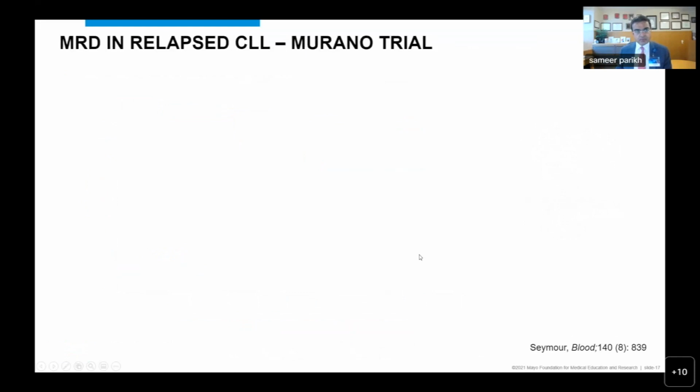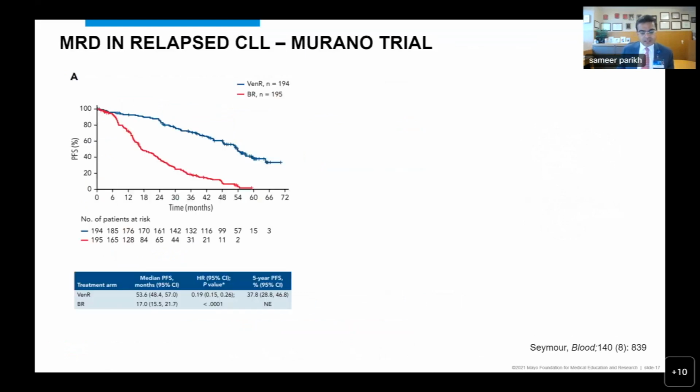So what about relapsed CLL? Again, we're talking in the context of venetoclax-based regimens, and the most important study in this era, in this particular group of patients, is the MURANO study. As a reminder, this study compared venetoclax and rituximab to bendamustine and rituximab in a relapsed setting. Median prior lines of therapy was 1.